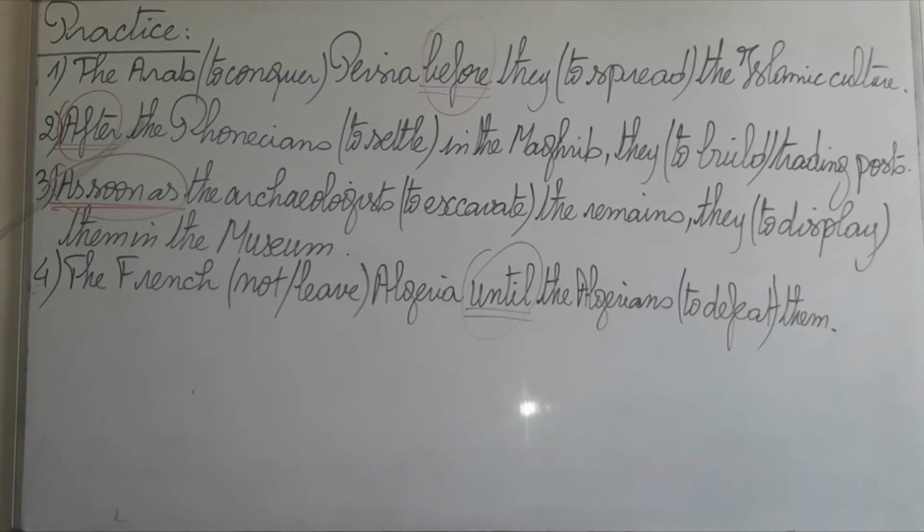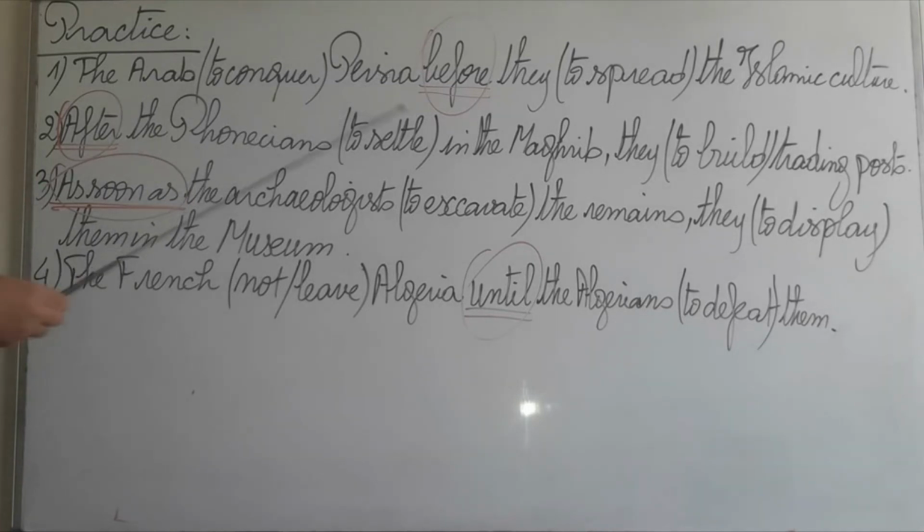Sentence 2. After the Phoenicians to settle in the Maghreb, they to build trading posts. As soon as the archaeologists to excavate the remains, they to display them in the museum. Sentence 4. The French not leave Algeria until the Algerians to defeat them.